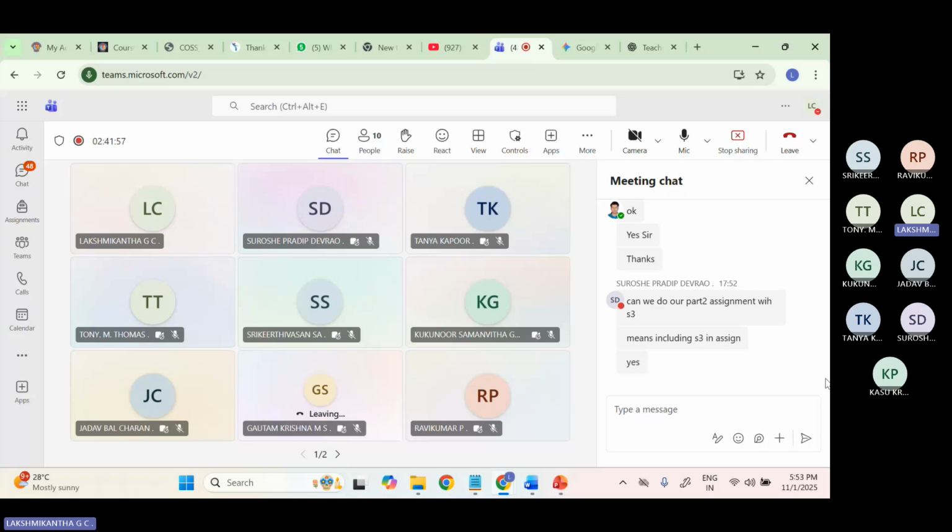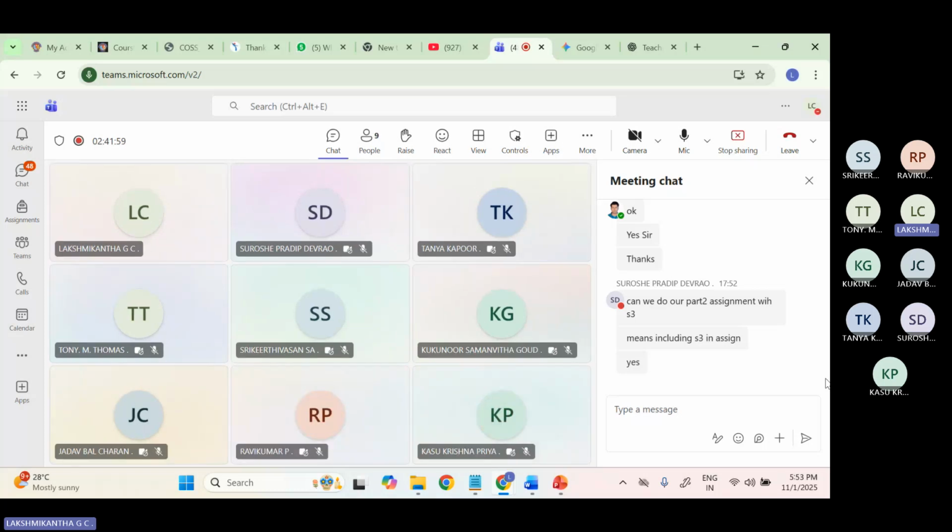Have you all started working on the assignment? Guys, you have a very small amount of time. The last date to submit your assignment is 18th October. Sorry, 18th November. Maybe you will be in the 15th session by then. Before the 16th session, we have to submit your assignment marks.